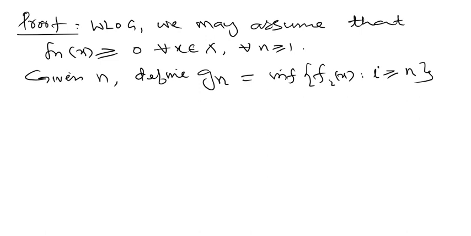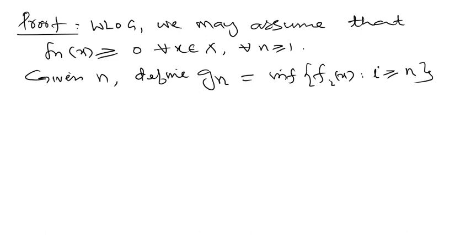So what's then G1? G1 is the infimum of fi where i is greater or equal to 1, so the infimum of the set f1, f2, and so on. And G2 is the infimum of the set f2, f3, and so on. So this set decreases if you increase the values of n. Then the infimum will increase, because the set decreases, the infimum increases. That means Gn is an increasing sequence. And fi is an integrable function, and the infimum of integrable functions is again an integrable function.